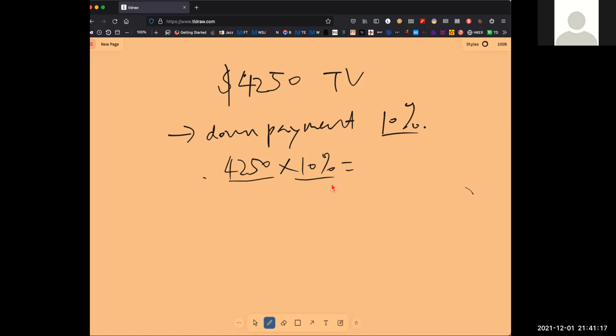Okay. 425. Okay, 425. So 425 is the first payment, which is also called the down payment.